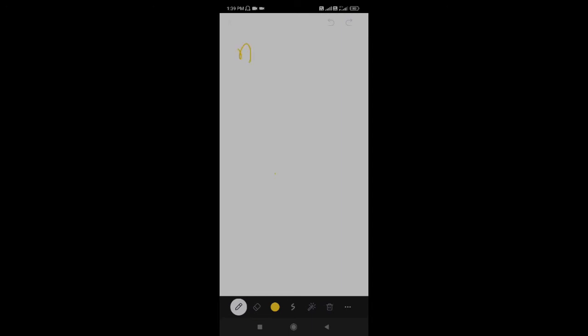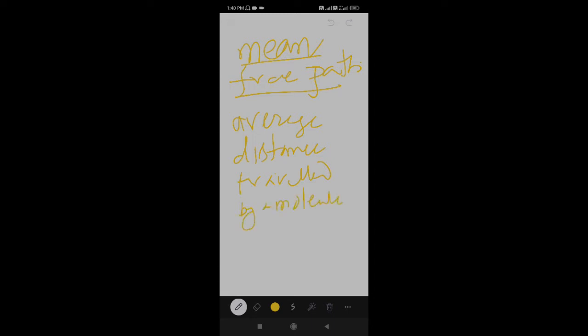Mean free path is the average distance traveled by a molecule in between two successive collisions.